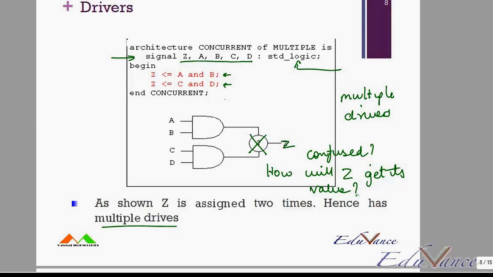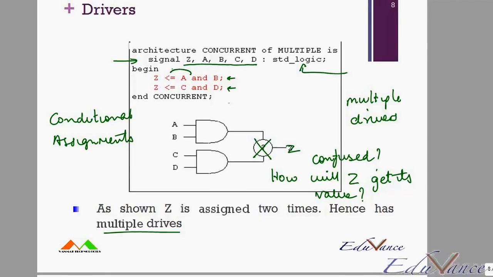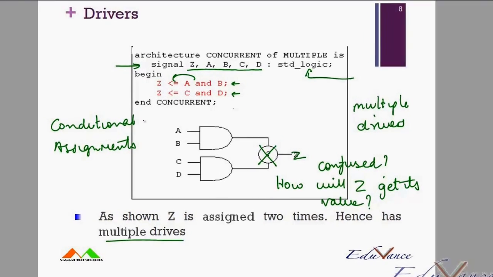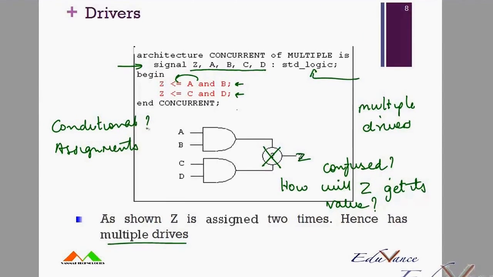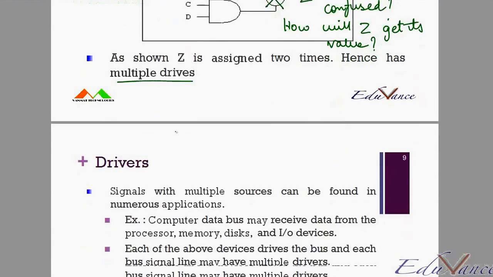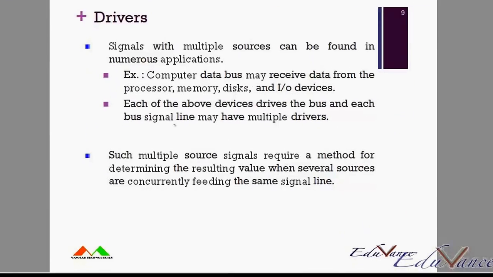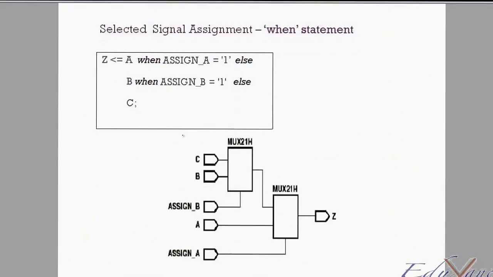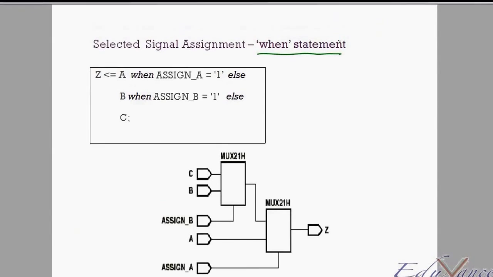That brings us to something that we call conditional assignments. That is, how do we assign the values conditionally? So that brings us to our first problem, which is the when statement.